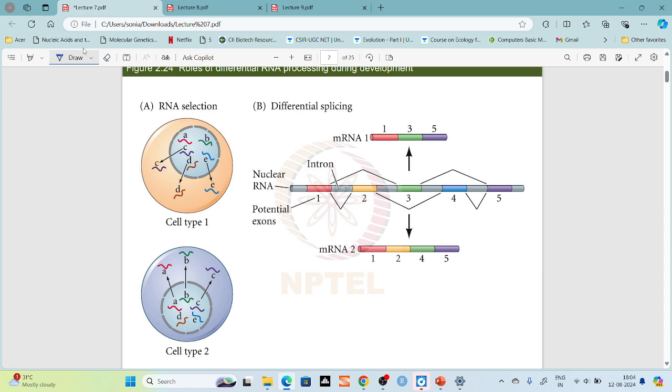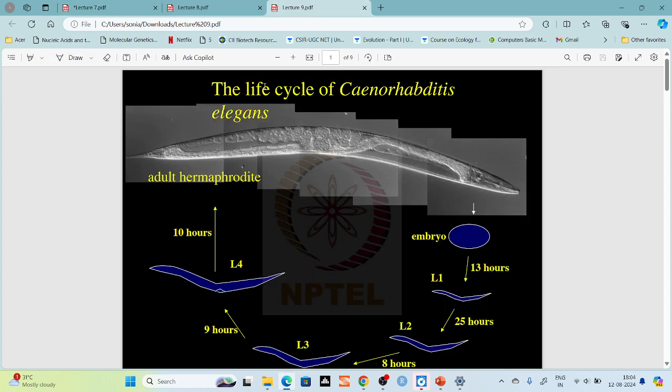Here the splicing has occurred in such a way that exons 1, 3, and 5 have joined, whereas here splicing has occurred so that exons 1, 2, 4, 5 have joined. The difference in the joining of the exons depends on the kind of splicing, which determines the different mRNAs produced and ultimately leads to different protein production.